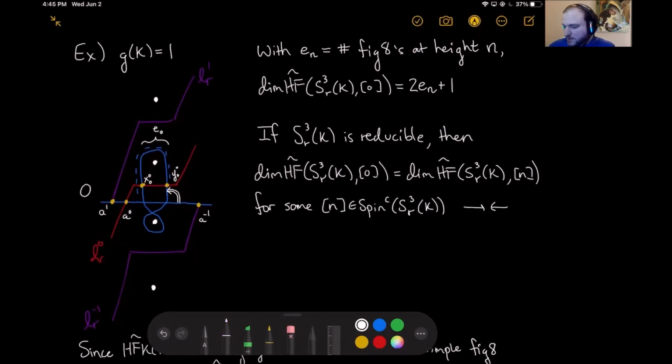And if there are any figure eights at all, then there will be a non-trivial amount of Floer homology all condensed in a single spin C structure. And the periodicity proposition earlier, due to Hom, Lidman, and Zufelt, says that if we're going to have a reducible manifold, there has to be some periodicity. And so this leads us to conclude that there can't be any figure eights at all, which would contradict having a genus 1 knot in the first place. So it's easy to see why this example ends up failing pretty quickly.